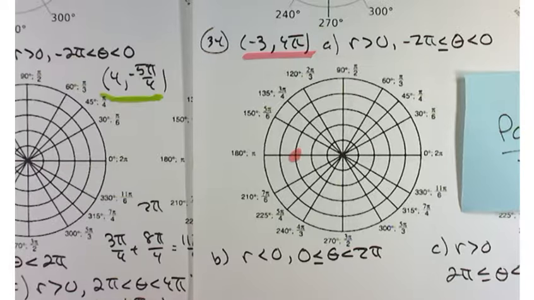Well, no, because they want an angle that's between 0 and 2 pi. Well, no, because it's 0 and less than 2 pi. So 2 pi would work, but 2 pi is not allowed in this problem because it's less than 2 pi. So you have to think a little bit farther.